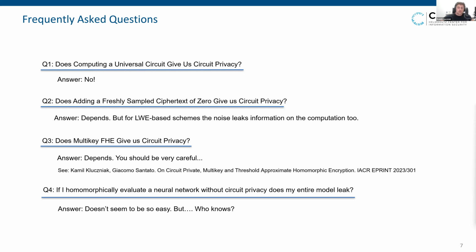Question number four: if I homomorphically evaluate a neural network without circuit privacy, does my entire model leak? The answer is that it doesn't always look easier to extract the entire computation, and perhaps it's not even possible. But stealing the entire computation, or the neural network, is not always the goal of the adversary. Sometimes it's enough that the adversary learns that a particular neural network was used by the server.